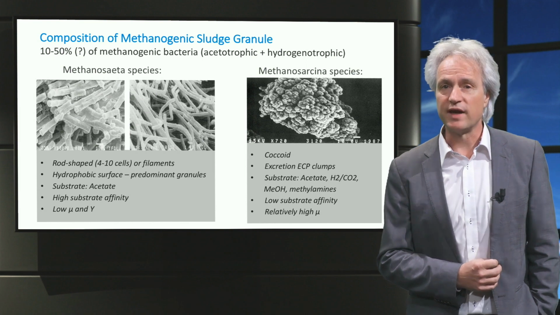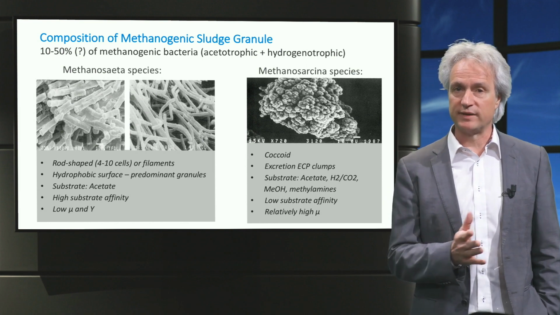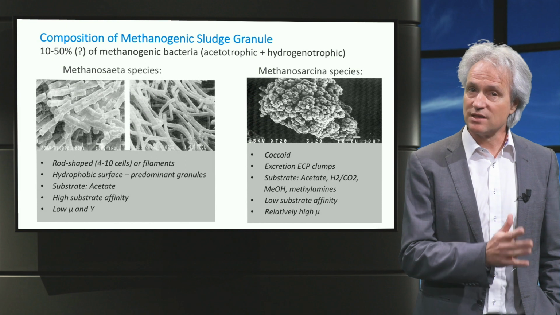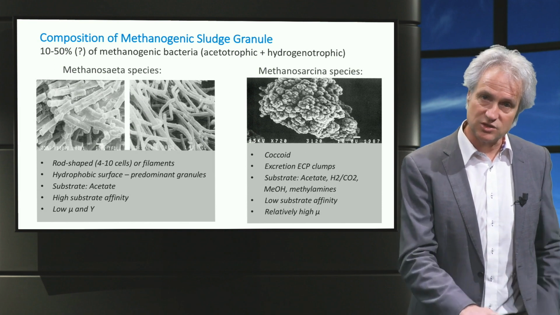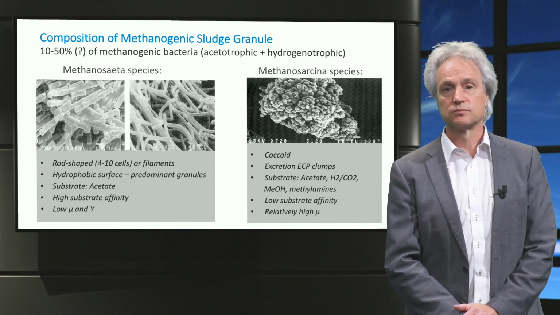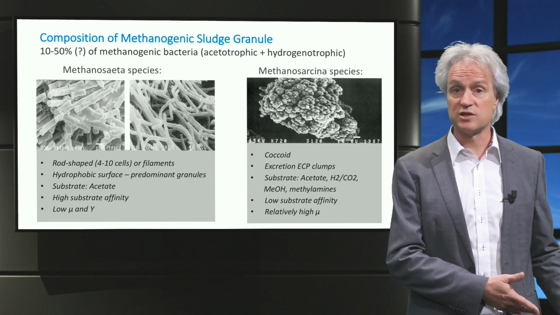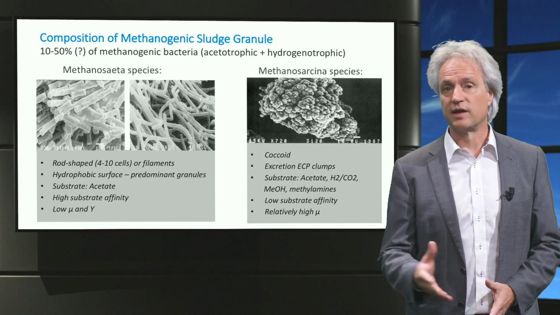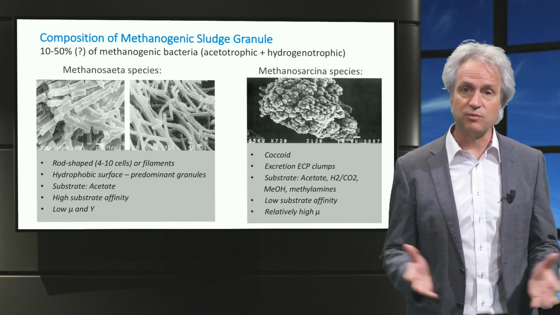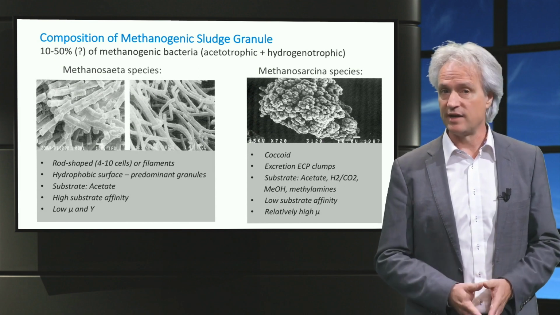Now, if you start up a reactor, we automatically select for Methanosaeta species as long as we keep the effluent acetate concentration at a low level. At these levels, Methanosaeta grows faster than the Methanosarcina species. Moreover, Methanosaeta forms a granular sludge with a diameter of 2 to 5 mm and high settleability.